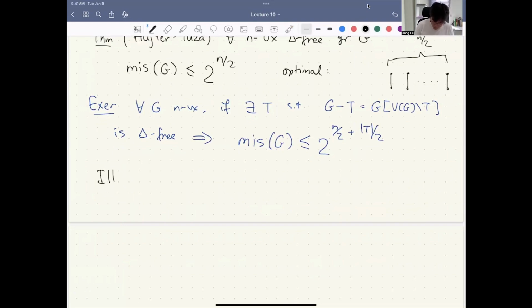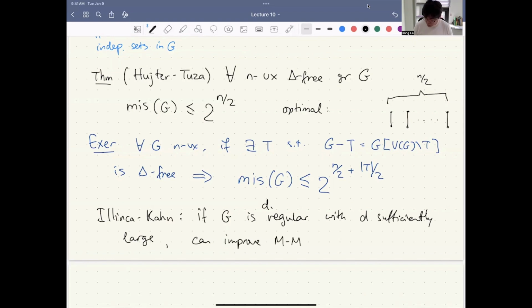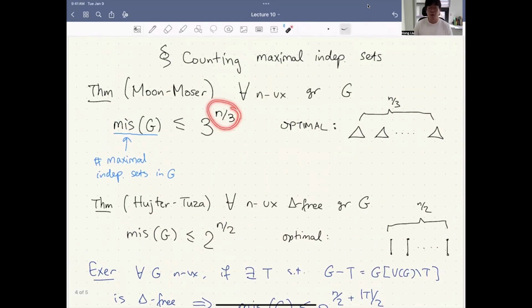They noticed that if G is regular, every vertex having the same degree, d-regular with d sufficiently large, then we can improve Moon and Moser to 3 to the n over 6 plus little o of n. So we can save a factor of 2 in the power.